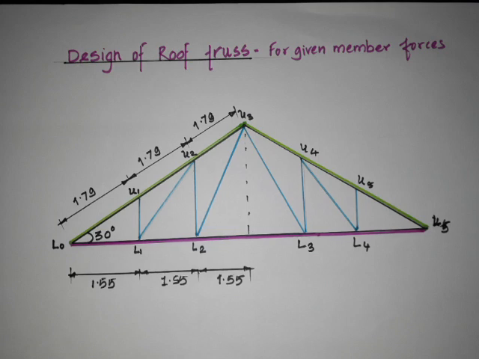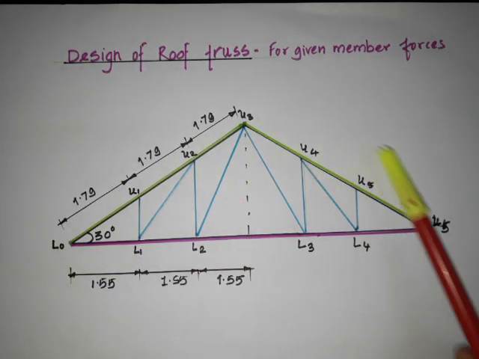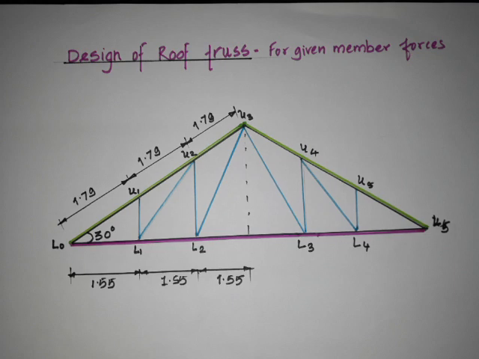Now, by using those design forces, we are going to design the required member to be provided in the cross section or in the truss, correct?